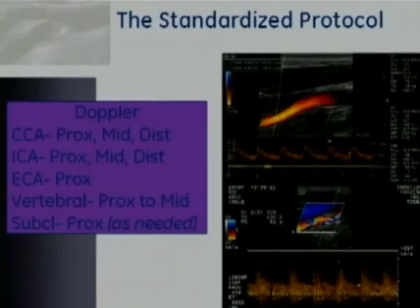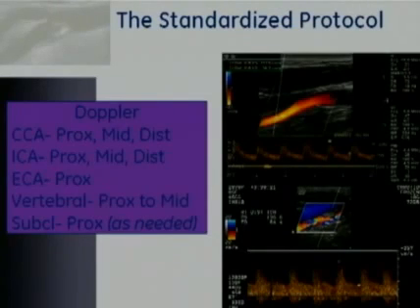Okay. Now when we talk further about the standardized protocol, let's go into spectral Doppler. We want to make sure that we sample throughout the length of the vessels with our spectral Doppler, and in the common carotid artery that means that we're sampling from proximal throughout the length, and we're going to take readings or images of Doppler samplings at proximal, mid, and distal CCA.